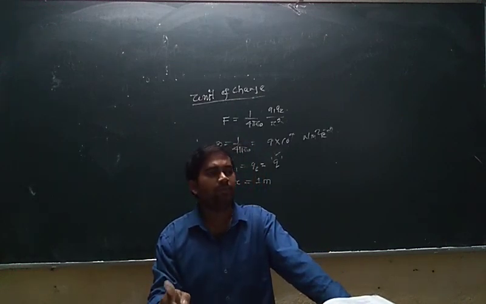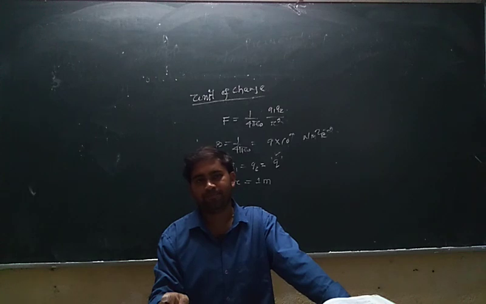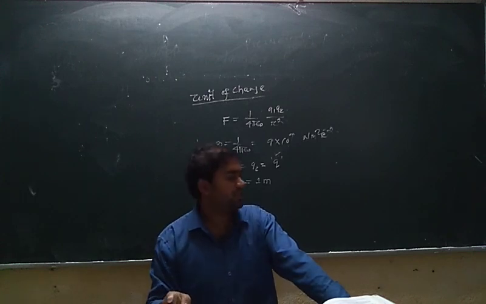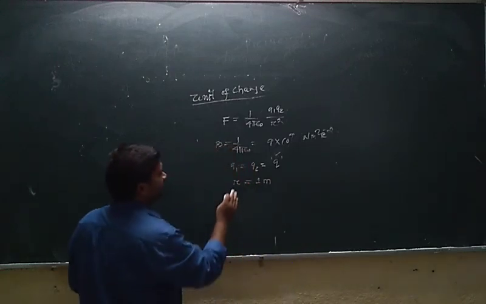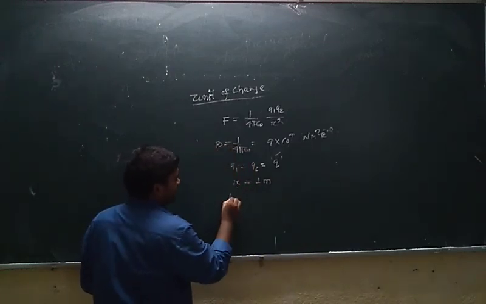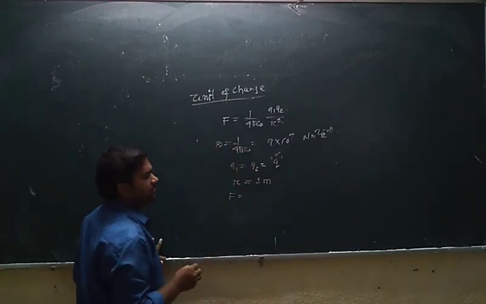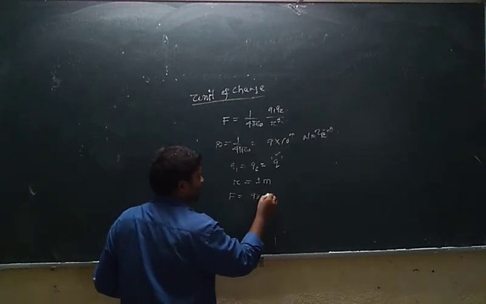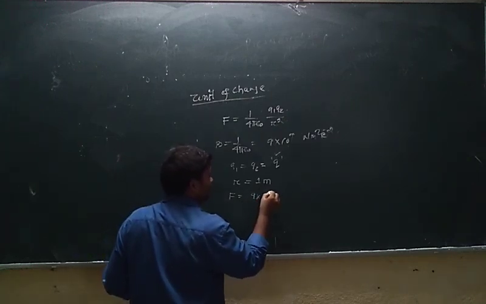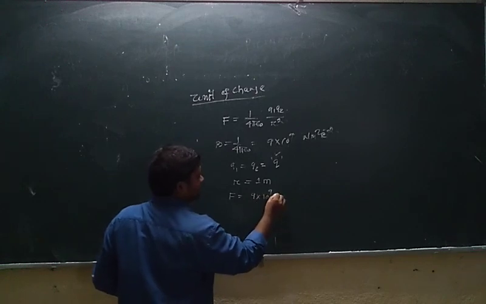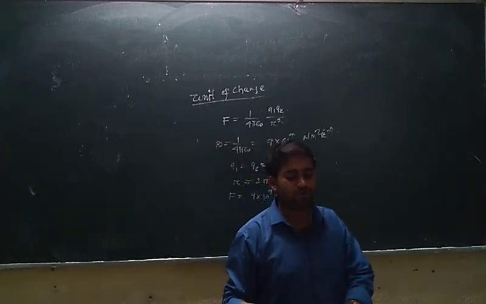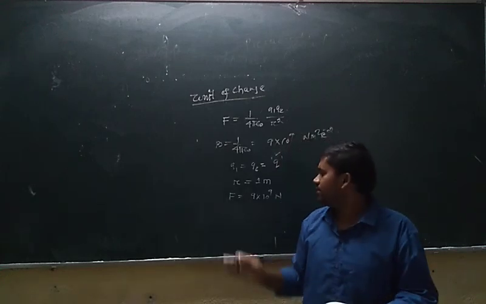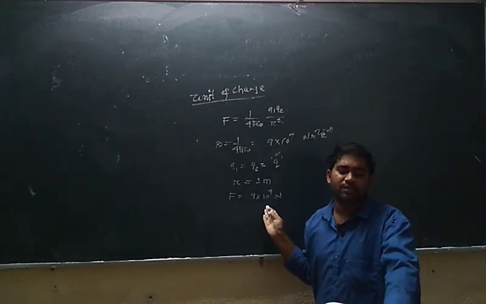When we place the charged particles at a unit distance, then the force experienced by the charged particles is 9 into 10 to the power 9 Newton. So this is the value of the force experienced by the charges that are placed in air.